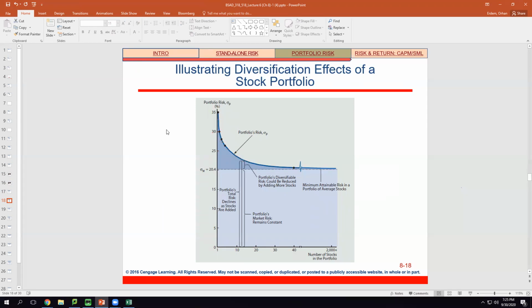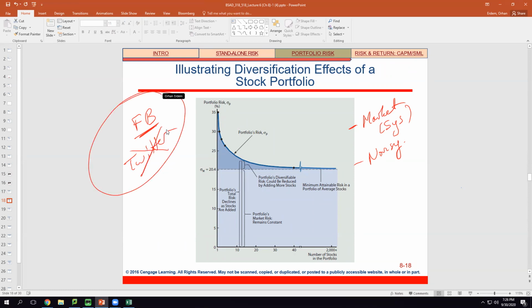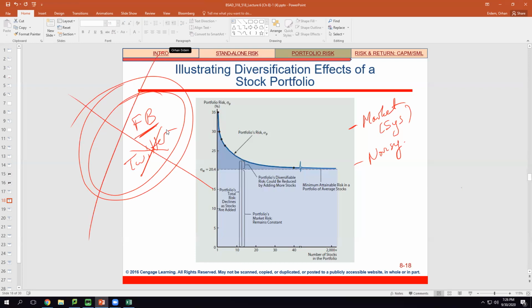There are two risks in finance. The market risk, which is called systematic risk, and the other, non-systematic risk. If you invest in Facebook, do not invest in Twitter. This is non-systematic risk. But if the president of the country dies, for example, you can't eliminate that risk; they will all go down.